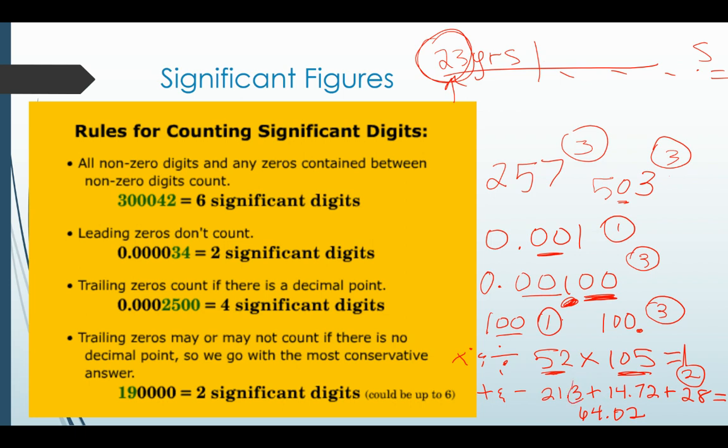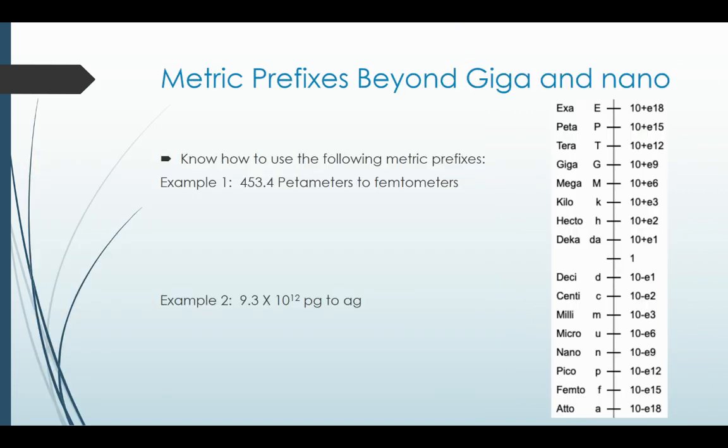This one goes one place past the decimal, this goes two places past the decimal, but this one has zero places past the decimal. There's nothing past the decimal point, so I'm not allowed to include either of the digits past the decimal point. So you're only allowed to give the answer 64. That's for adding and subtracting, different rules from multiplying and dividing. Okay, on to the next one.